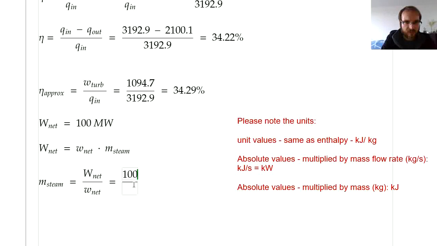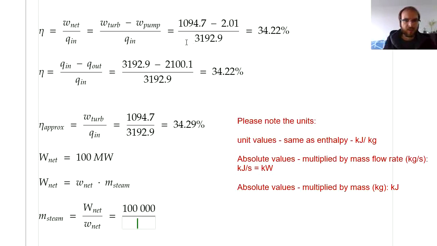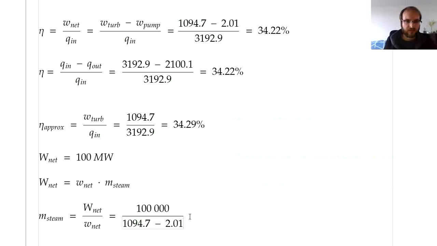In values, it's 100 megawatts, so 100,000 kilowatts, divided by the net work output that we had over here, 1094.7 minus 2.01, which gives 91.5 kilograms per second.